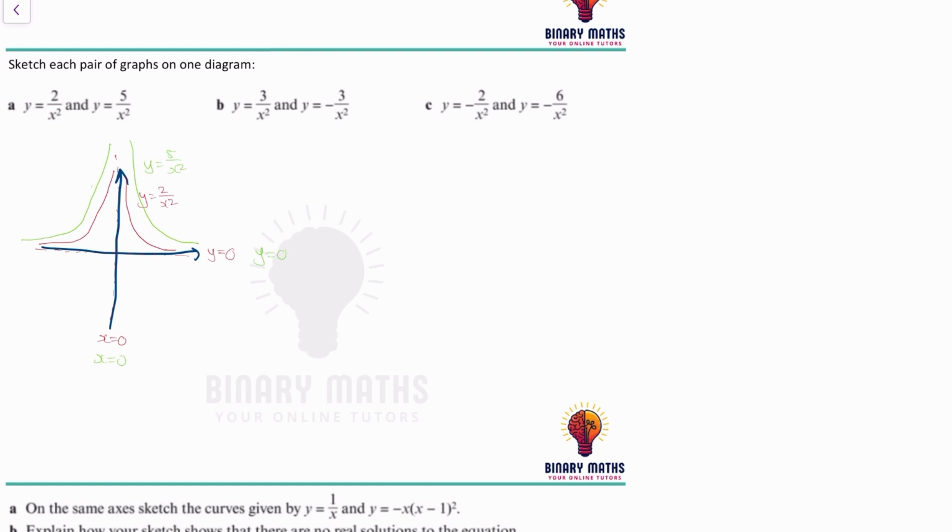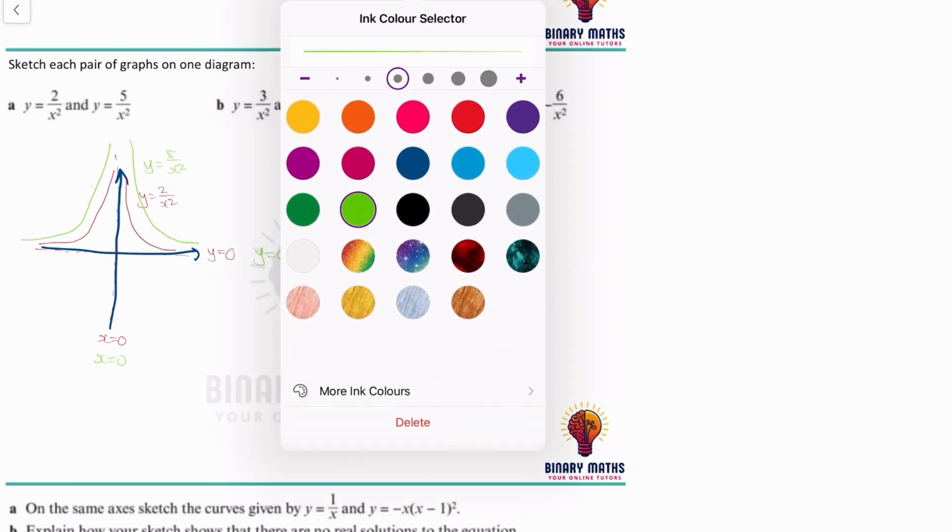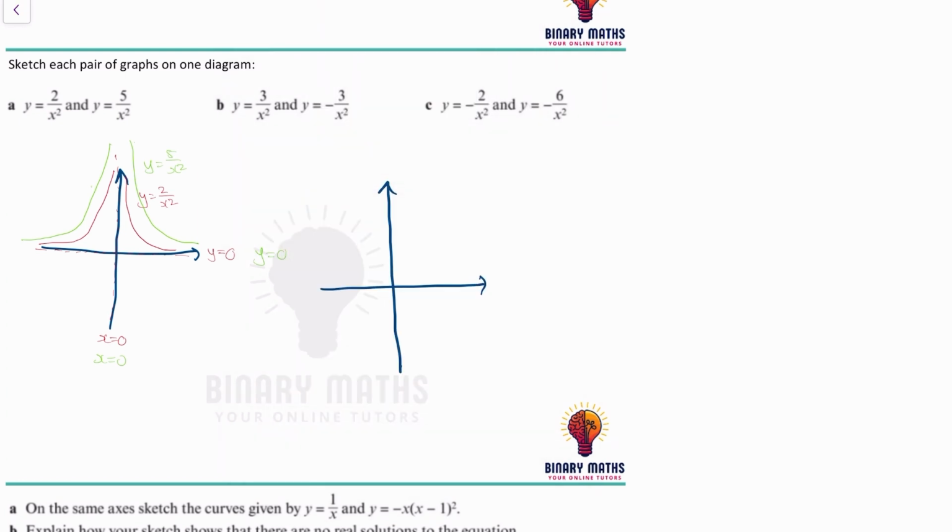Okay, let's look at the next one. 3 over x squared. Again, it's still a k over x squared graph, so quadrant 1 and 2. So y is equal to 3 over x squared. Asymptote at x equals 0 and y equals 0.